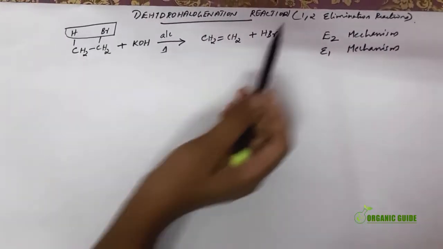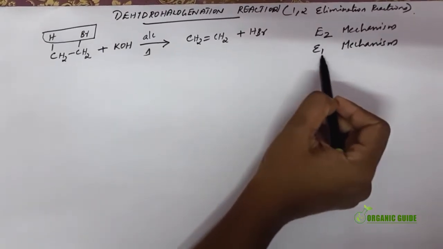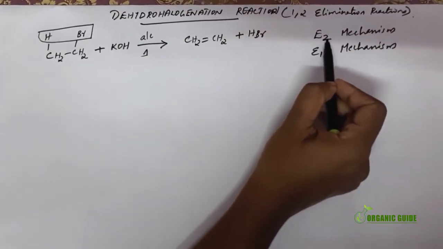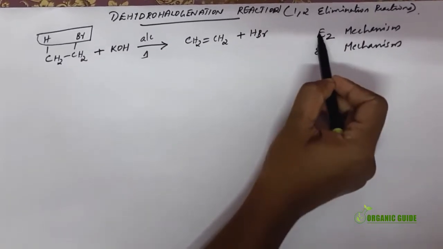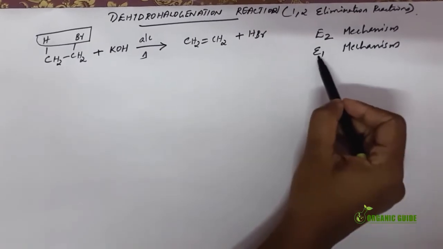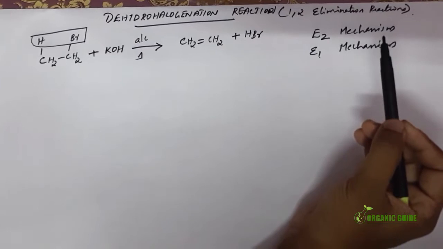Similar to substitution reactions, this elimination reaction also has two types of mechanism. E2 indicates elimination bimolecular, where 2 is for bimolecular and E is for elimination, and E1 indicates elimination unimolecular.